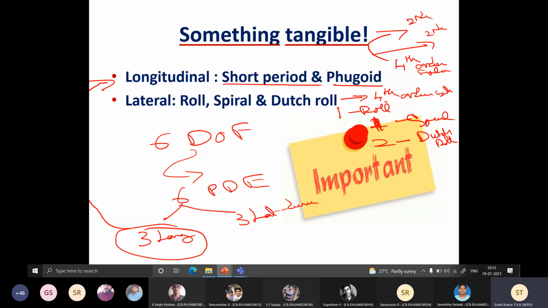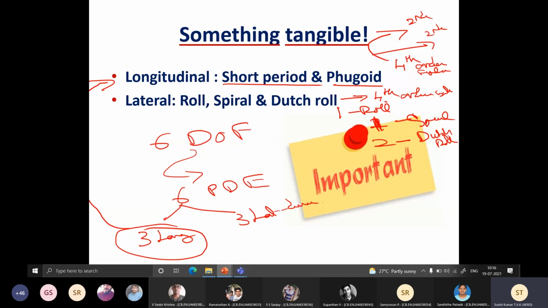The short period and phugoid can be simplified as a second order system. You can even segregate this into 2 and assume that you're looking at only one of them, so the transfer function becomes a very simple second order system. Similarly, in case of lateral directional, you can independently study the modes.